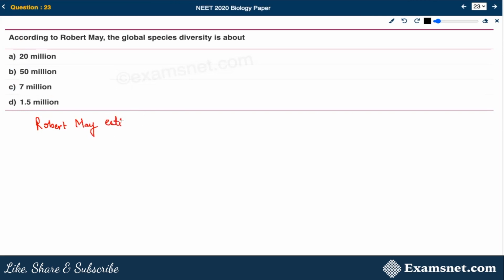So Robert May estimated global species diversity at about 7 million.